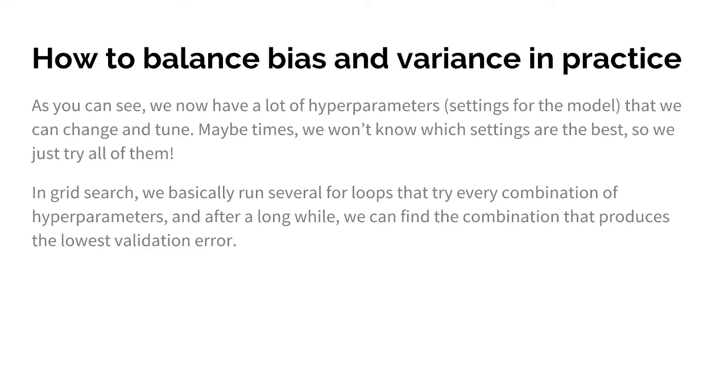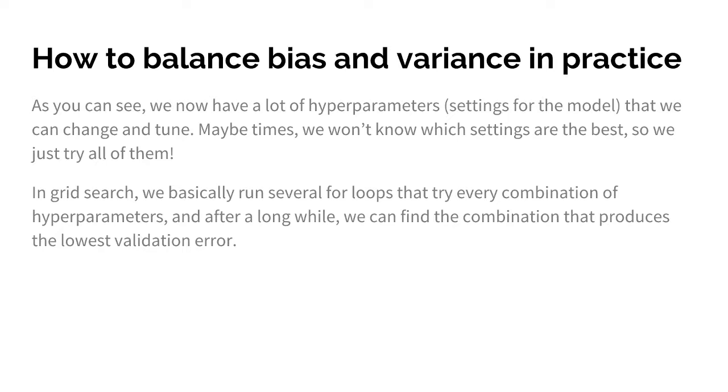Machine learning tends to be very variable, and between different machine learning problems, you can have completely different sets of hyperparameters. And so what we can do is a basic grid search. In grid search, we basically run several for loops that try every combination of hyperparameters.